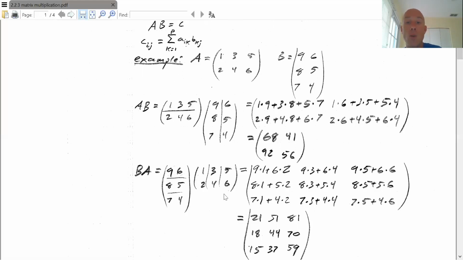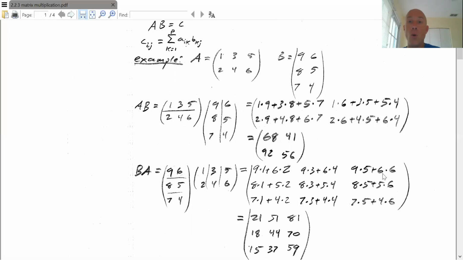Now, do you notice that the entries from the first column are in the first column? You see that? That's 1, 1, 1, 2, 2, 2. That's not a coincidence. Now 9 and 6, that's in the first row on the left. I've got 9, 6, 9, 6, 9, 6. That's not a coincidence.